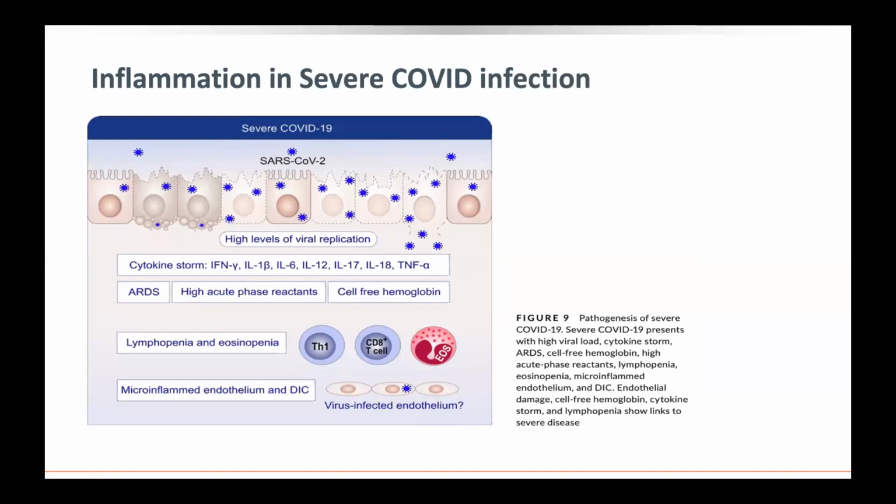And this leads to ARDS, and we also have a lymphopenia and also leukemia associated with that. We know that this high viral load is associated with the cytokine storm, and also leads to DIC, and inflammation also is across all the various endothelial cells.